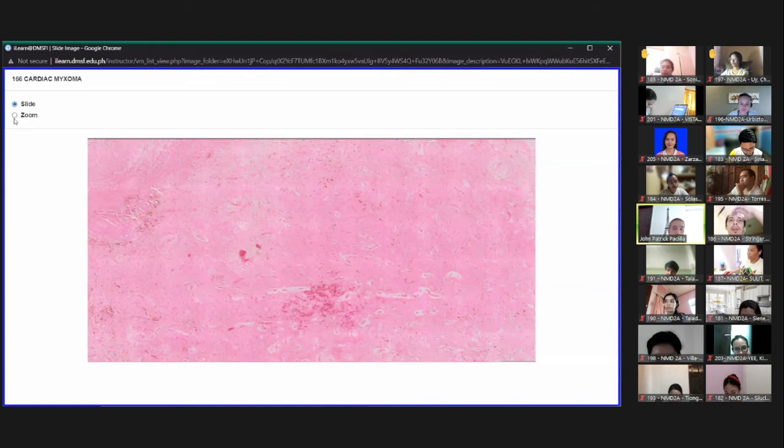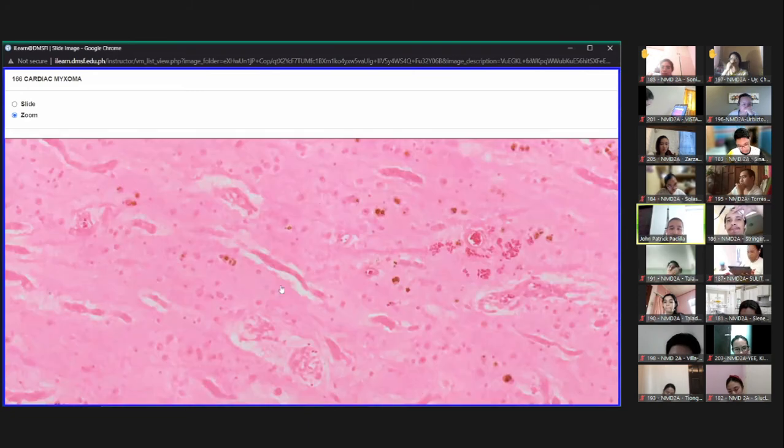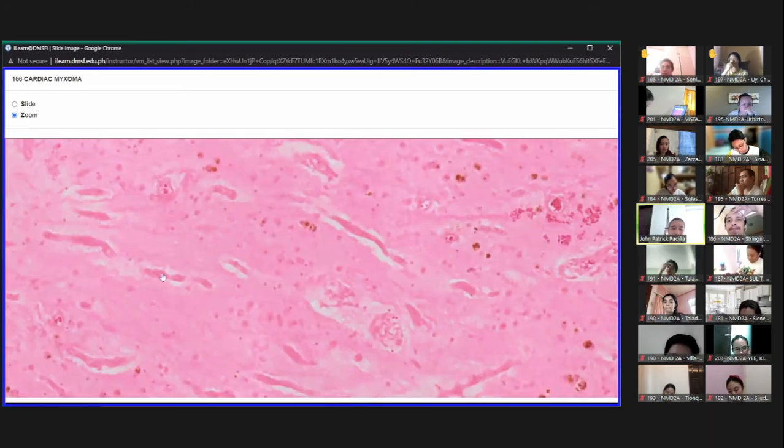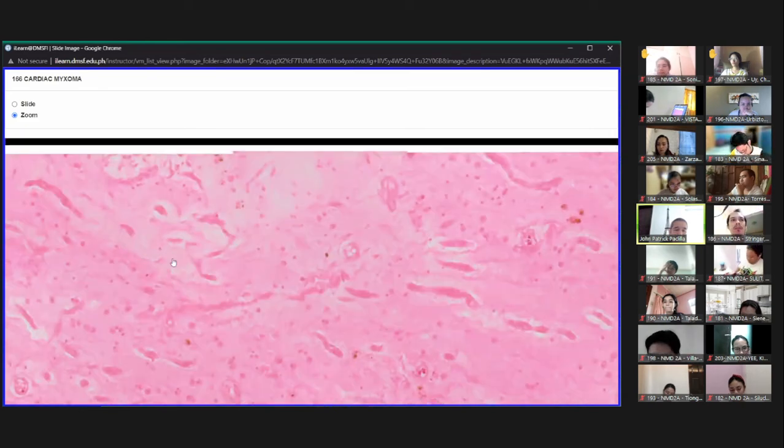You need to differentiate this one from congestive changes of the lung, so we'll try to check on that one. In myxoma, you have the presence of myxoma cells. They are stellate, they are oval, and they are seen in aggregates. They are surrounded by a fibromyxoid stroma.